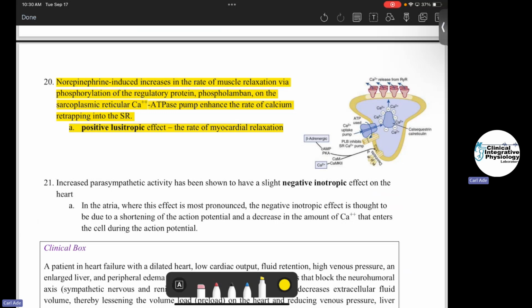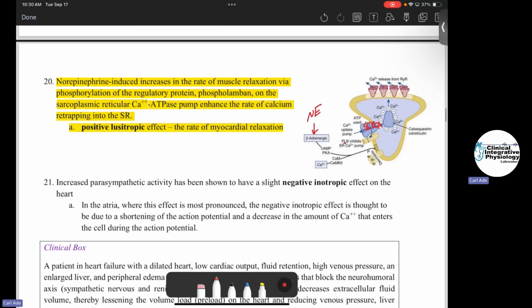Remember, the phospholamban regulates the SERCA pump. So if norepi binds to this beta receptor, here's our SERCA, here's the phospholamban, that PLB. We bind some norepinephrine, that takes the phospholamban away and makes it easier for calcium to get taken up. So we can pull the calcium out between beats, and we're putting more in with each contraction. This is a positive lusitropic effect.